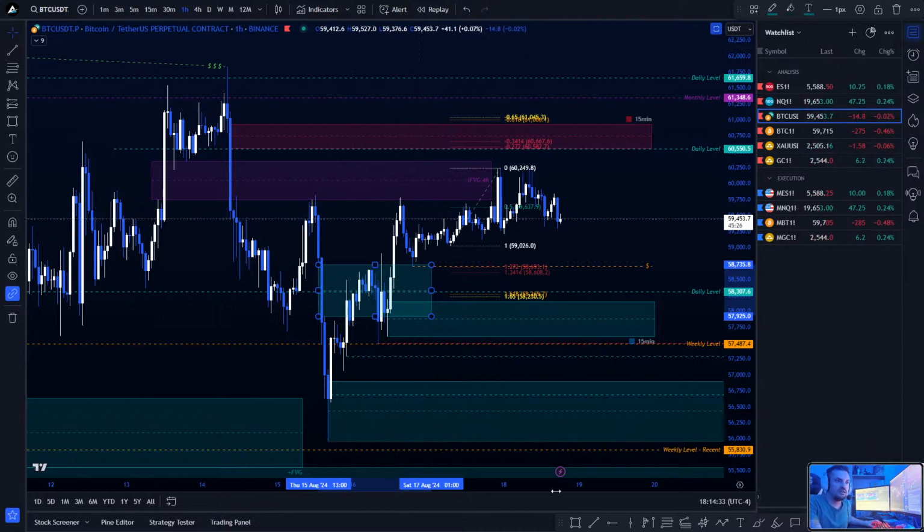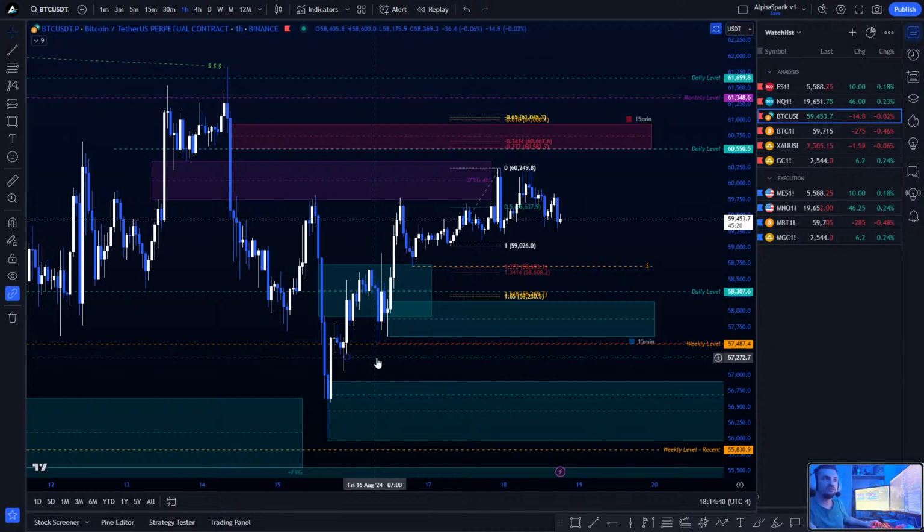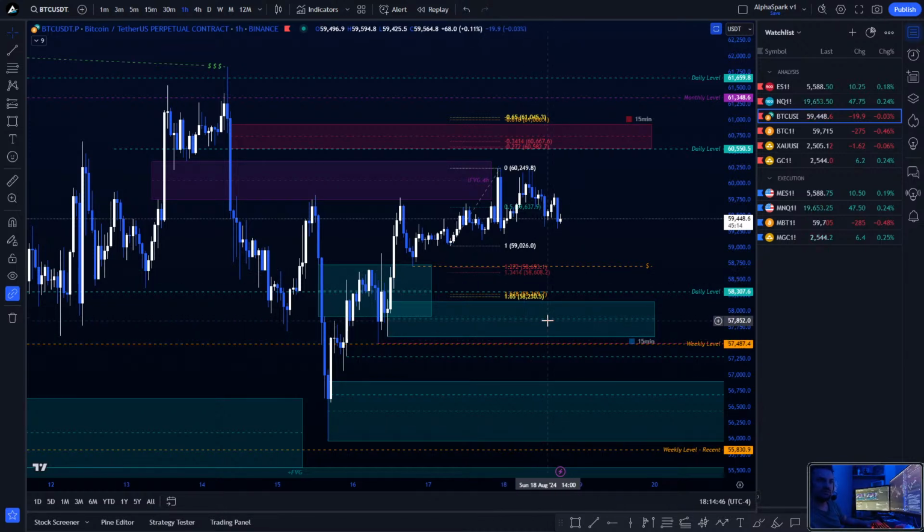And the lower portion of it also got tested by this low. So I don't want price to go lower. I would like it to be at most tested by this order block and not go down. If it goes down, I think it'll go way down. Way down.